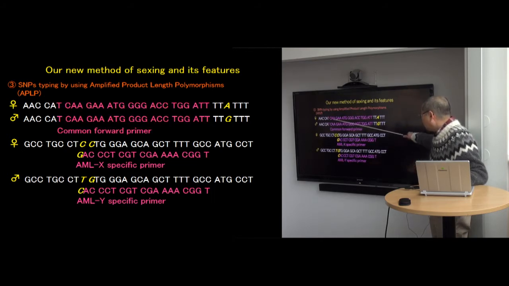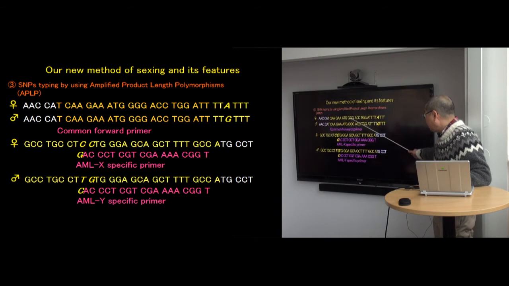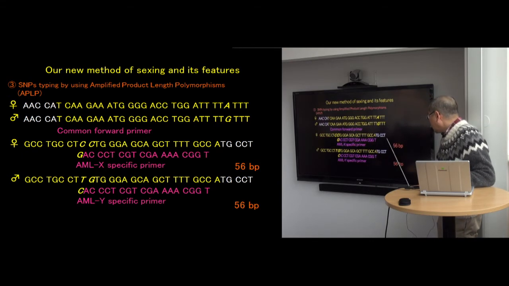And we designed a common forward primer to amplify the region between the common forward primer and a sex-specific reverse primer. Then we get the amplified product shown in yellow letters. The length of each product is 56 base pairs. That is very short, but there is no difference.